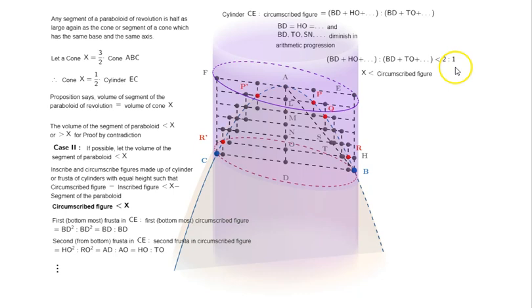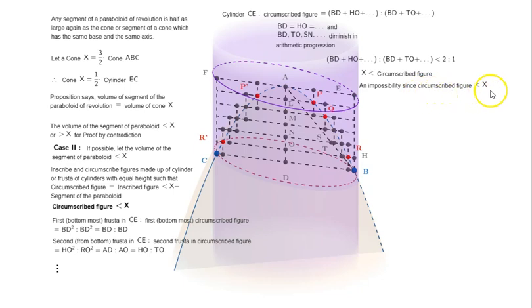Since we have arrived at a ratio less than 2:1, that means X is less than the circumscribed figure. We started off by saying that the circumscribed figure is less than X. So this is an impossibility.